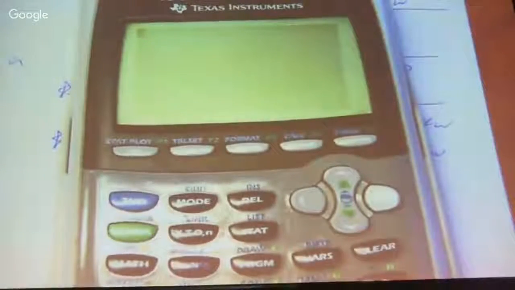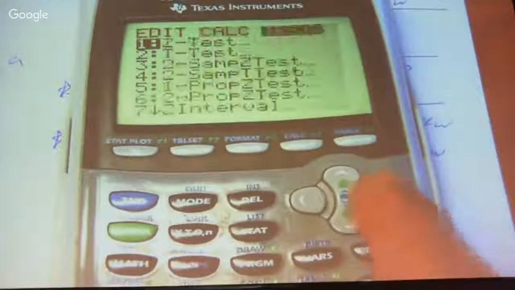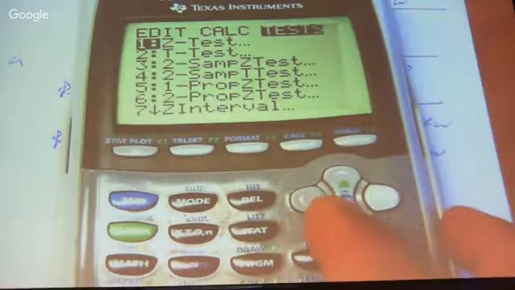When we go to the calculator, and again, you may want to write down everything, right? So when I go to the calculator, okay, what do I press on the calculator? What are the buttons? Stat, test, which number?